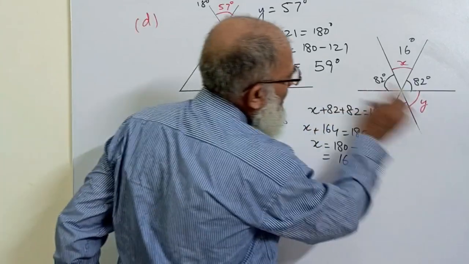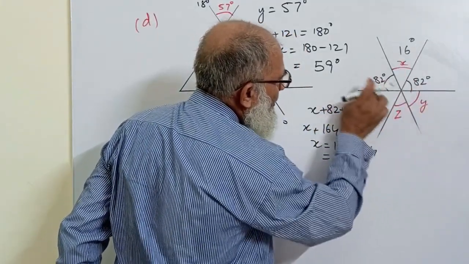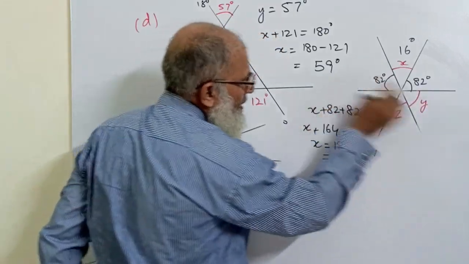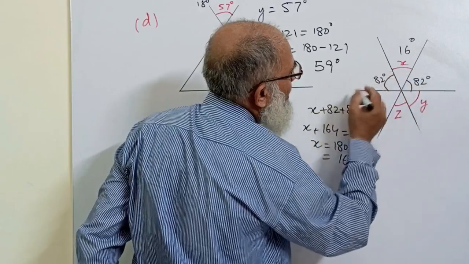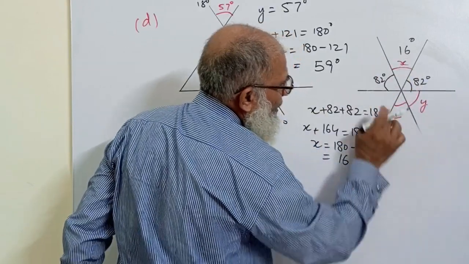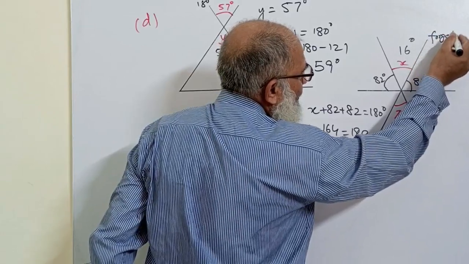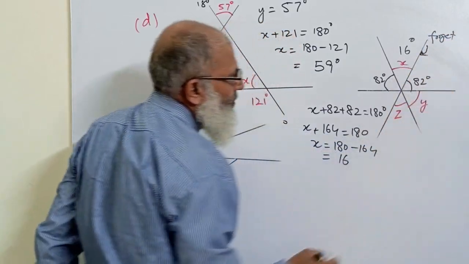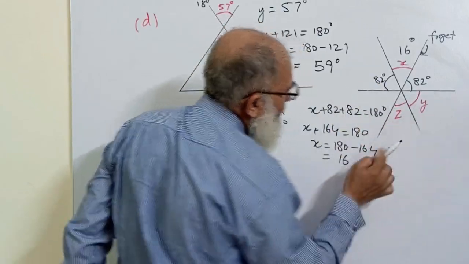Now this y angle, we have already solved the x angle. Since this is a vertically opposite angle, just consider these two lines, this line and this line. Forget this line now. When you forget this line, you will see that there is one line over here, one line over here.